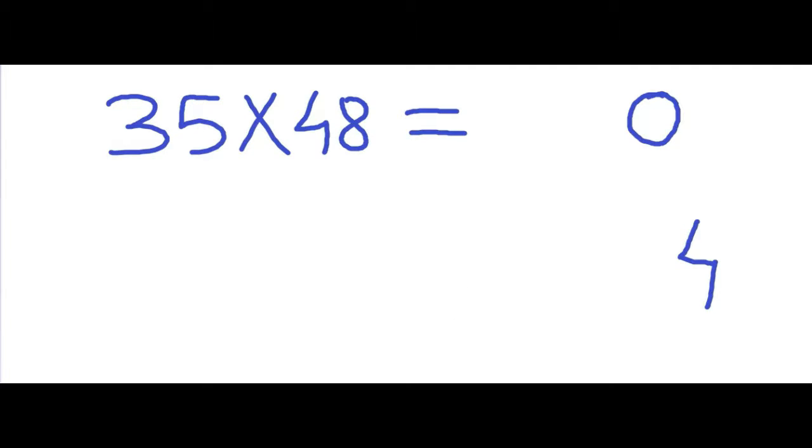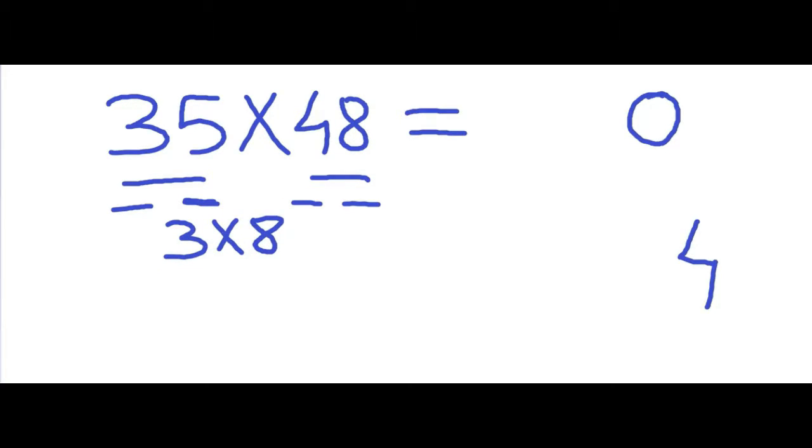So in the next step, consider both numbers and take the cross multiplication of the digits of both numbers, means multiply the 3 to the 8, multiply the 5 to the 4. So 3 into 8 and 5 into 4.